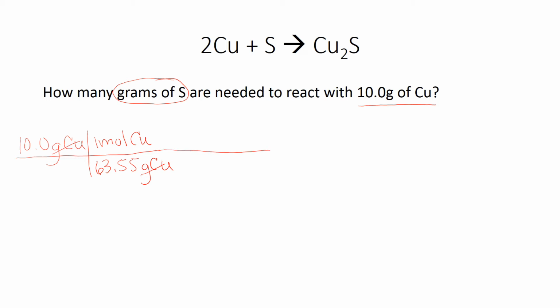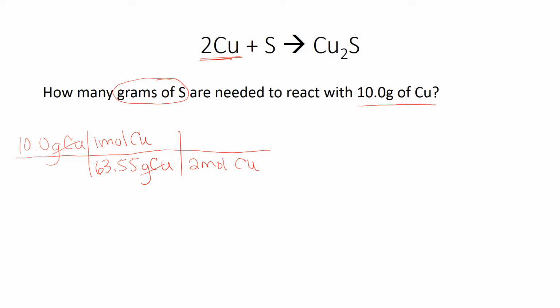Now that I have my given in moles, I can go ahead and use my mole ratio. So I'm going to look at my equation to see what the coefficients are, because the coefficients are equal to the number of moles. So for copper by itself, which is what I'm given, I have 2 as my coefficient, so therefore I have 2 moles of copper.